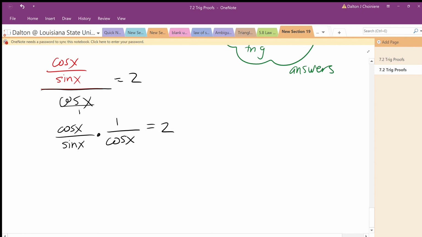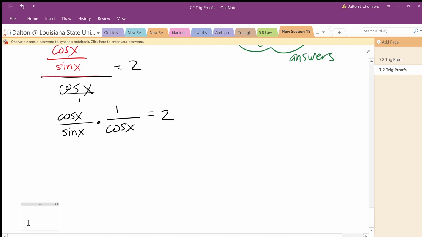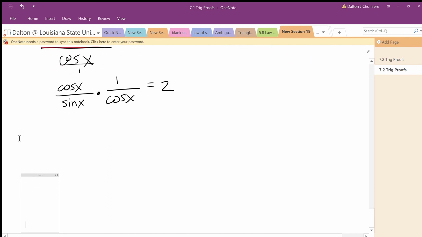And then now what do you notice? The cosines cancel each other out, then that leaves us 1 over sine x is equal to 2.